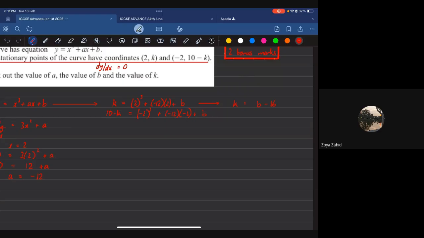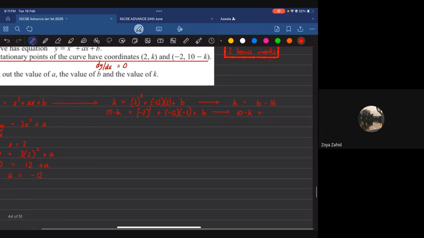Clear? And this one, if I simplify this, 10 minus k is equal to minus 8 plus 24, so b plus 16, probably. Yep.